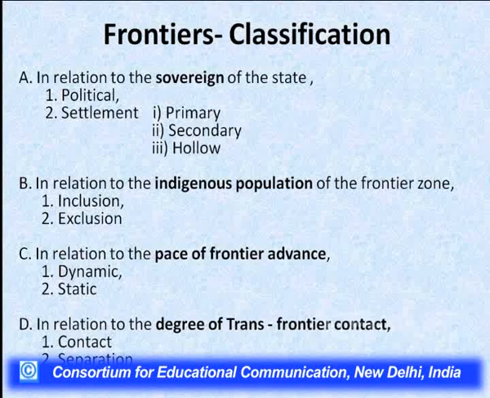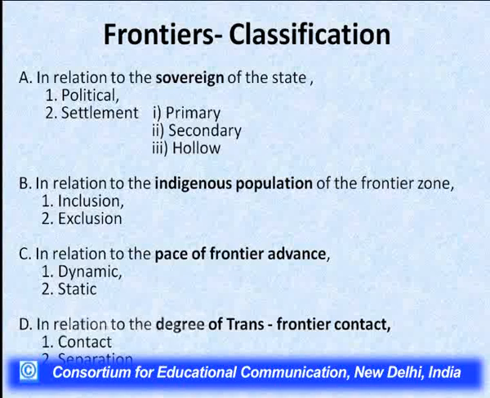The third aspect is in relation to the pace of frontier advance, which is also classified into two categories: dynamic and static frontiers. The fourth one is in relation to the degree of trans-frontier contact, which is also categorized into two categories: contact and separation frontiers. Then we will take these one by one.